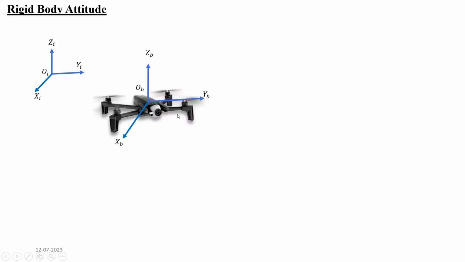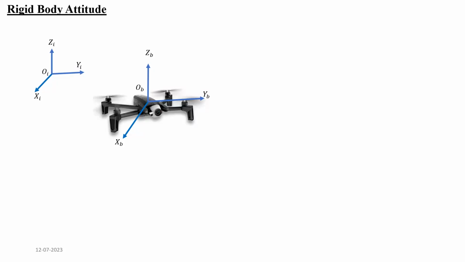So I want to compare my current body direction with respect to the previous inertial frame. That is called attitude. That will be given by roll, pitch, and yaw, using Euler angle based techniques, some parameterization that we will talk about.